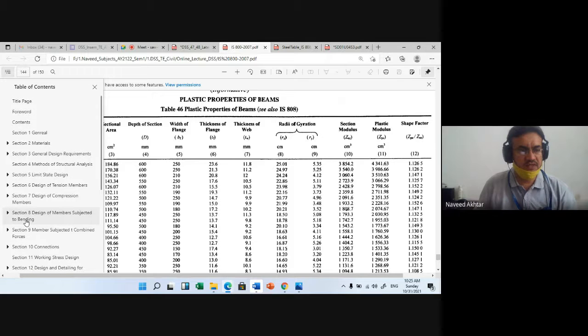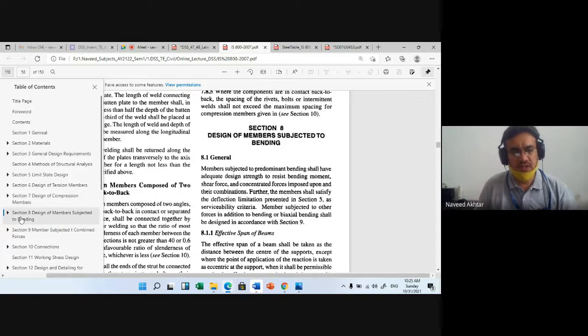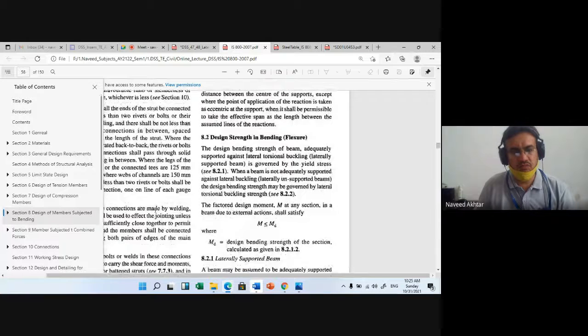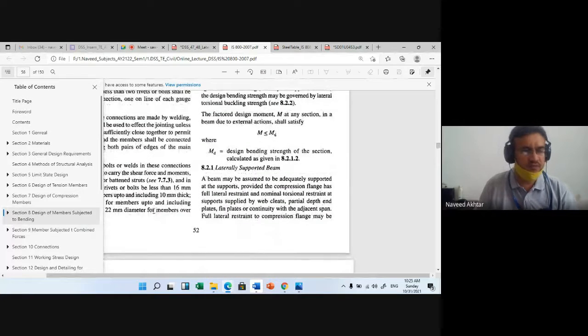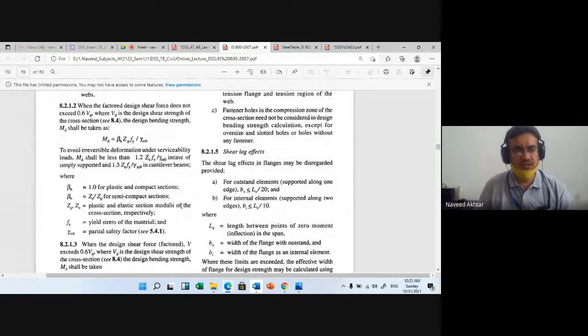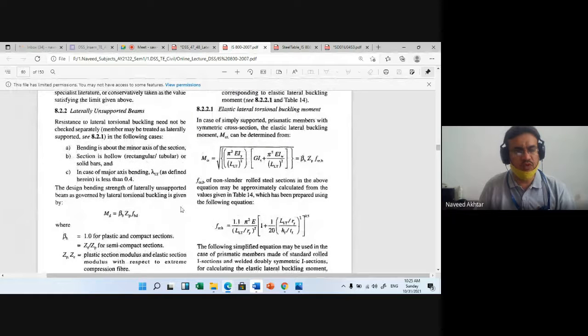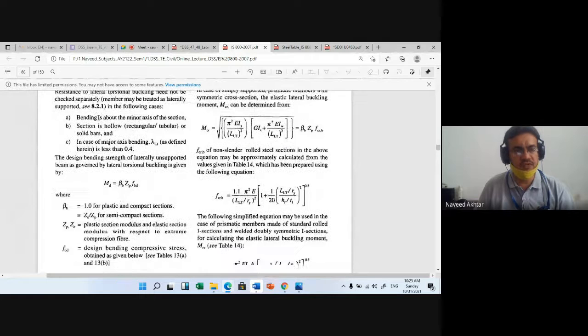So this will be design of members subjected to bending, subjected to combined forces. You see here, page number 54, clause number 8.2.2, laterally unsupported beam.